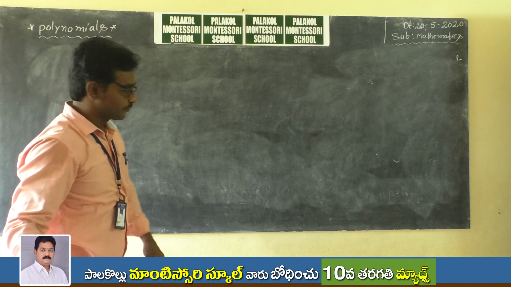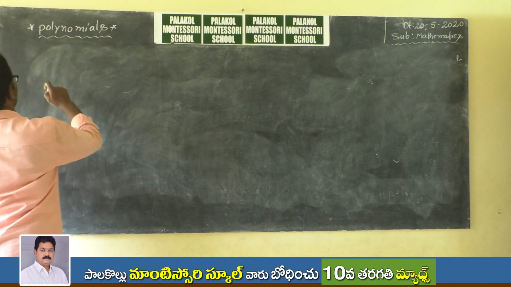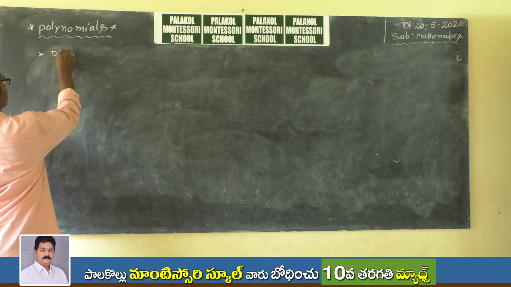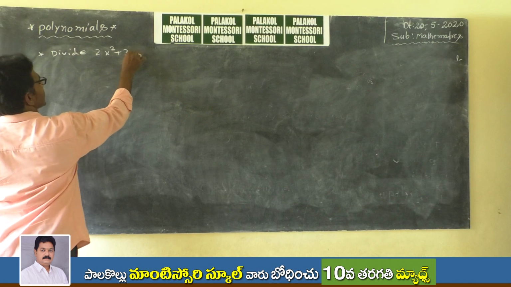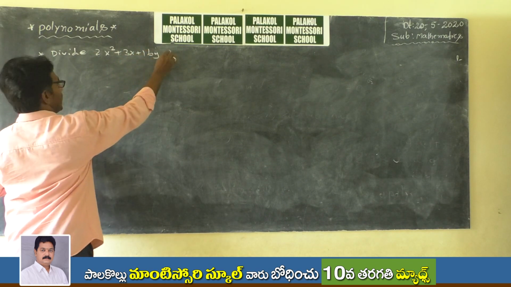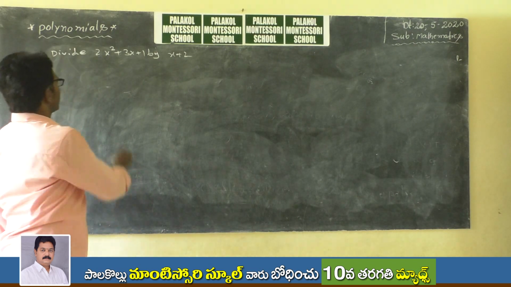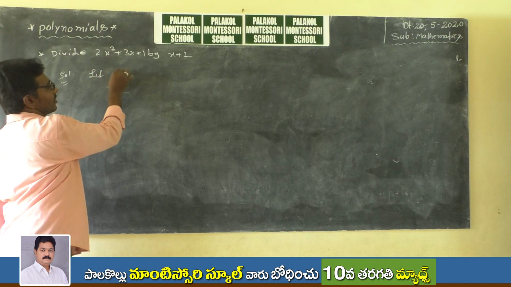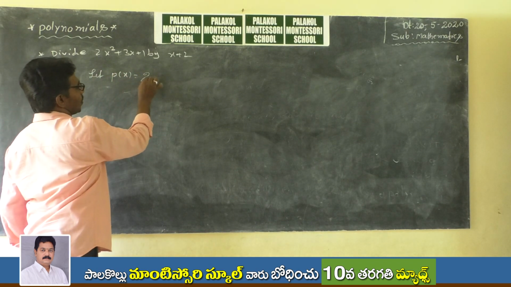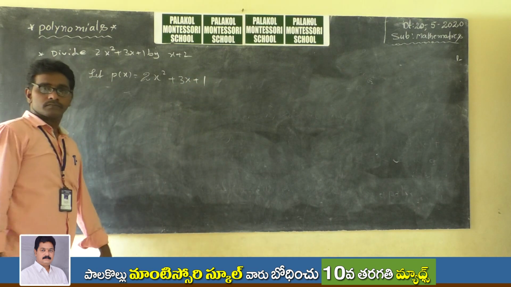This question: divide 2x square plus 3x plus 1 by x plus 2. Suppose I do the solution. Let p of x is equal to 2x square plus 3x plus 1.